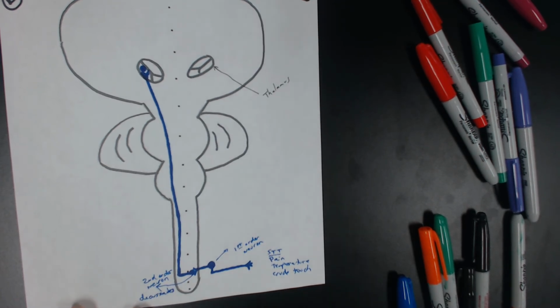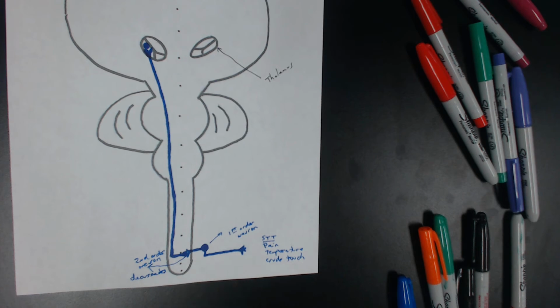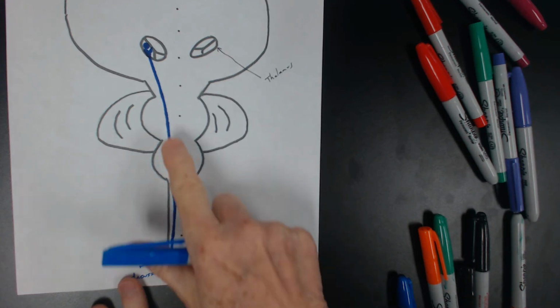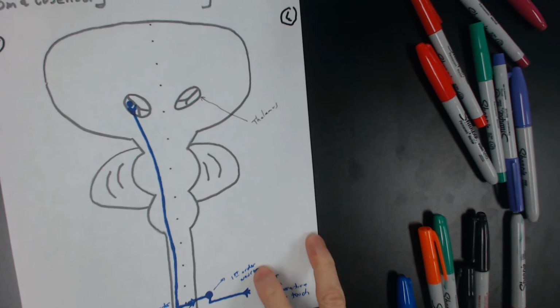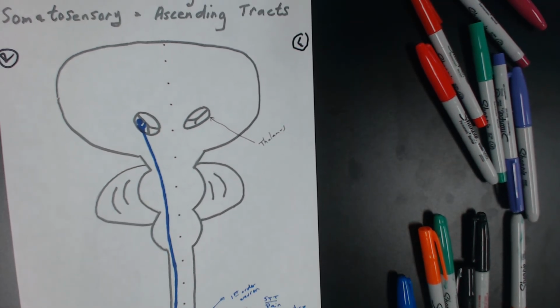D-E-C-U-S-S-A-T-E-S. And decussates, it's one of those words that we covered in the very first day of class. It's nothing more than white matter. Right? It's a decussation. Okay, second order neuron decussates or crosses over to the opposite side, the contralateral side, travels all the way up, synapses in the thalamus. Okay, and that's your second order neuron.